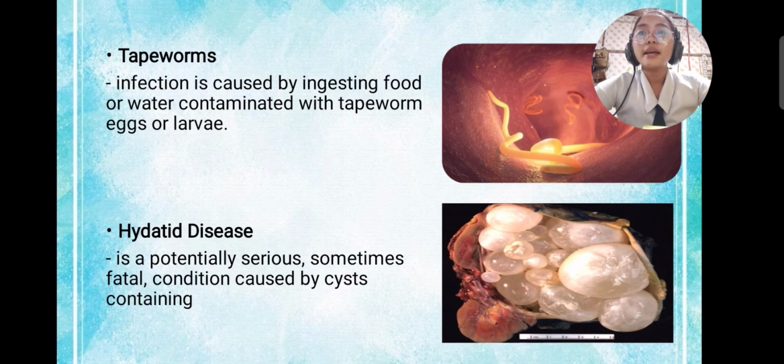First, the tapeworms. What causes tapeworms? Infection is caused by ingesting food or water contaminated with tapeworm eggs or larvae. If you ingest certain tapeworm eggs, they can migrate outside your intestine from larval cysts in the body tissues and organs.